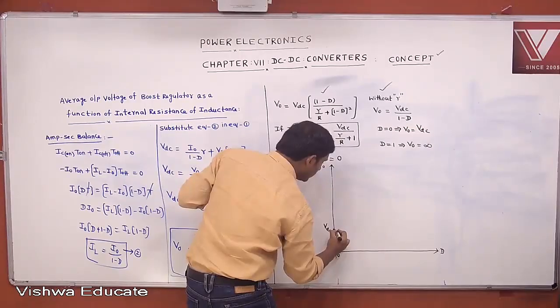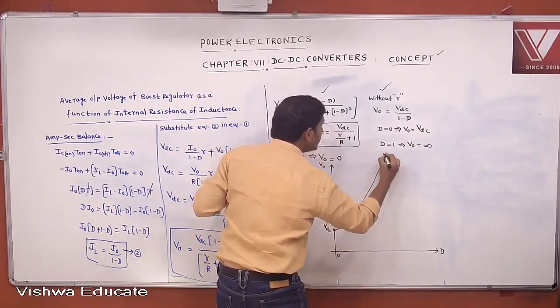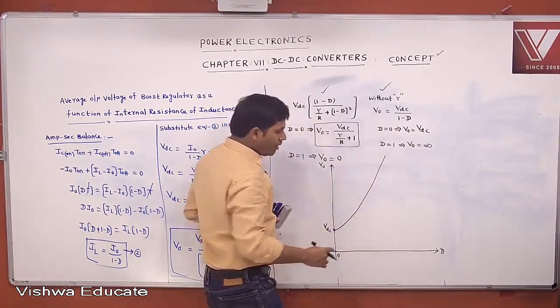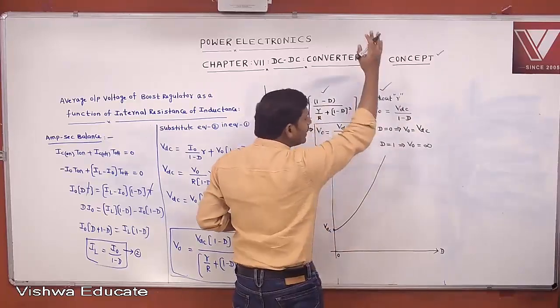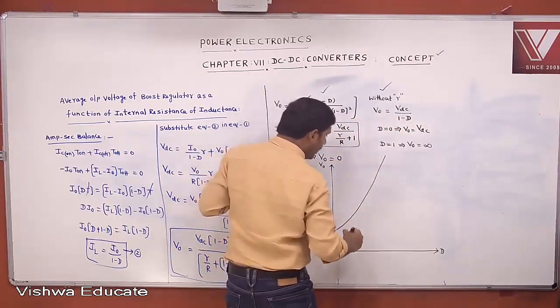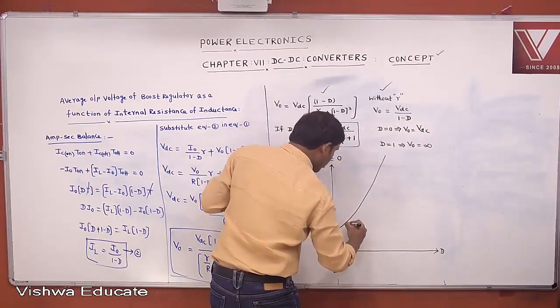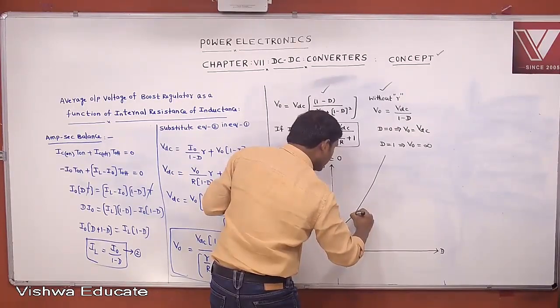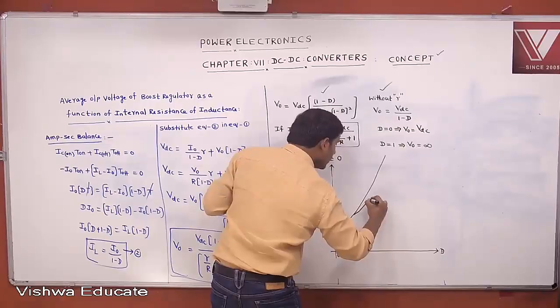From this, output voltage is increasing. For D equal to 1, it is infinity. But what about the practical case? For D equal to 1, we are not getting VDC. Below this we are getting. Then the output voltage waveform is like this.